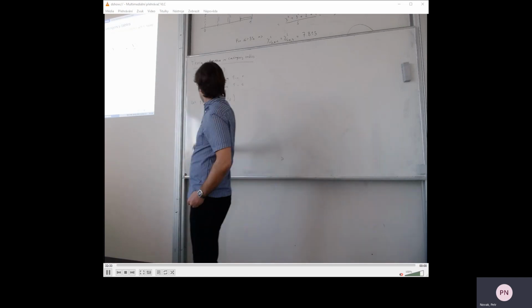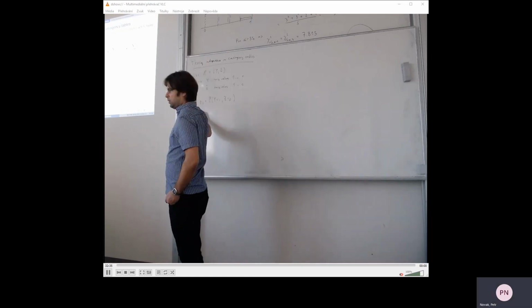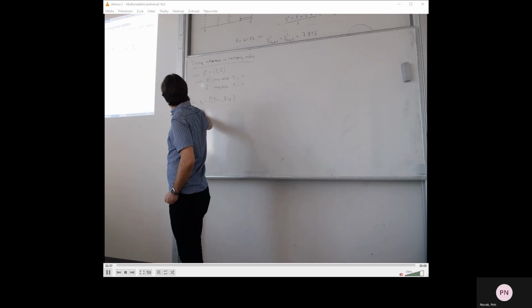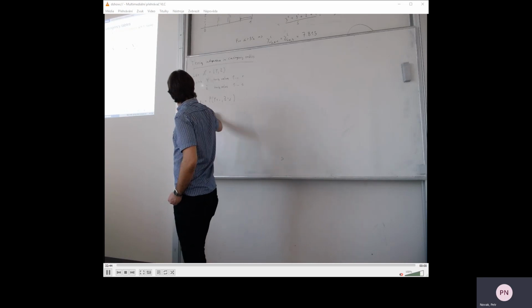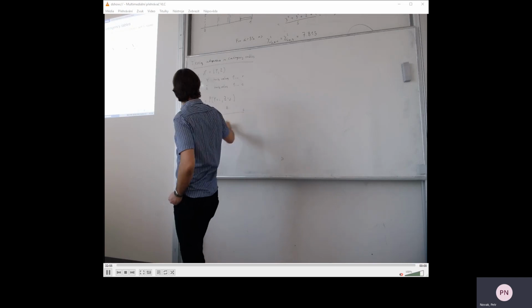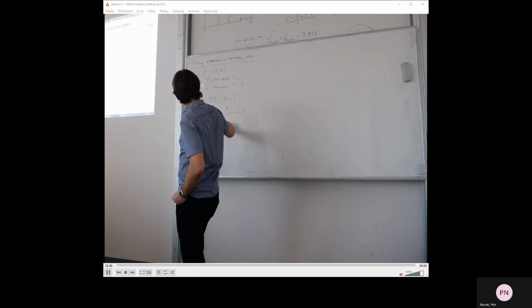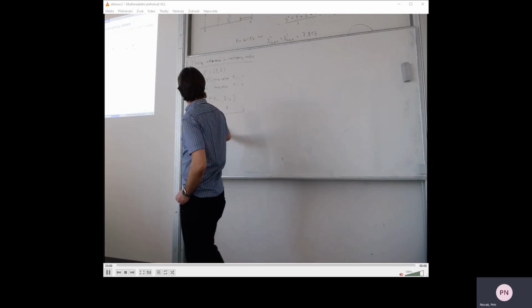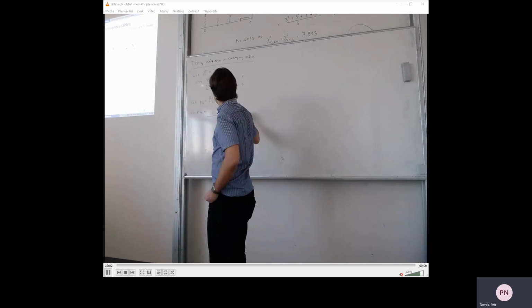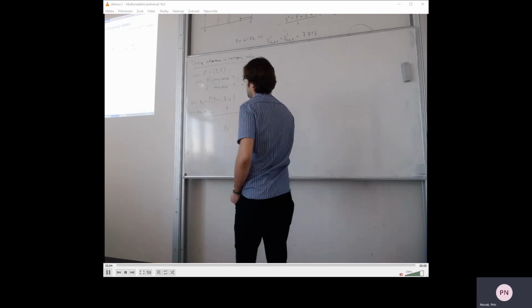Then we have the joint probabilities given in a table where for Y we have possible values 1 to R, for Z we have possible values 1 to C, and here we have Pij, the individual probabilities.